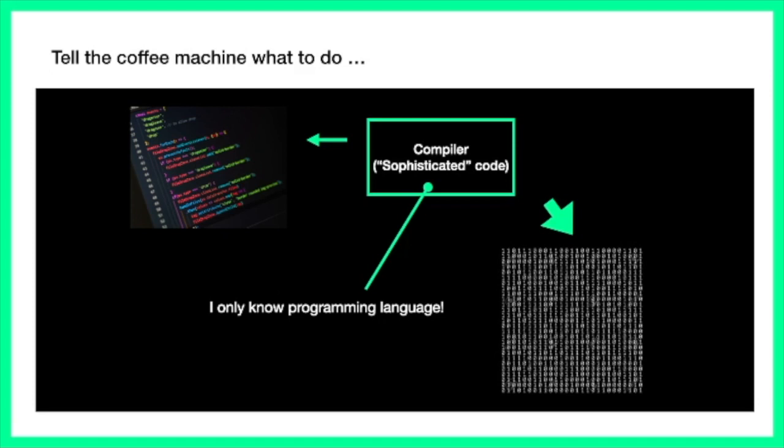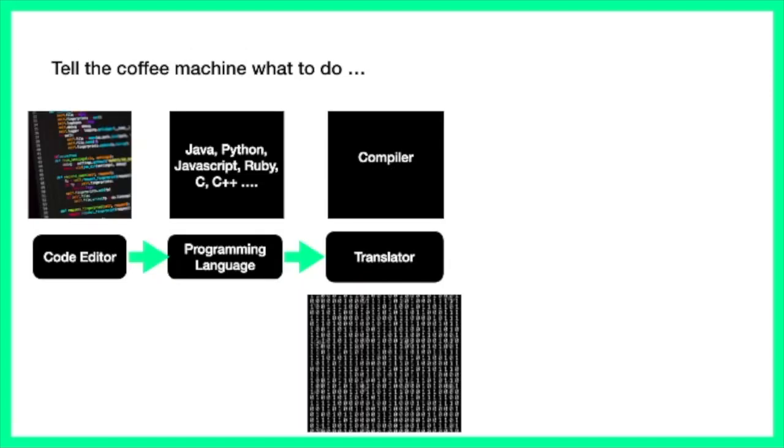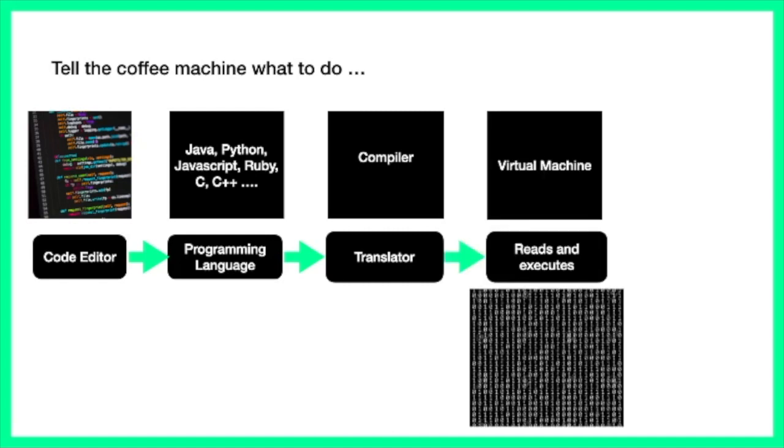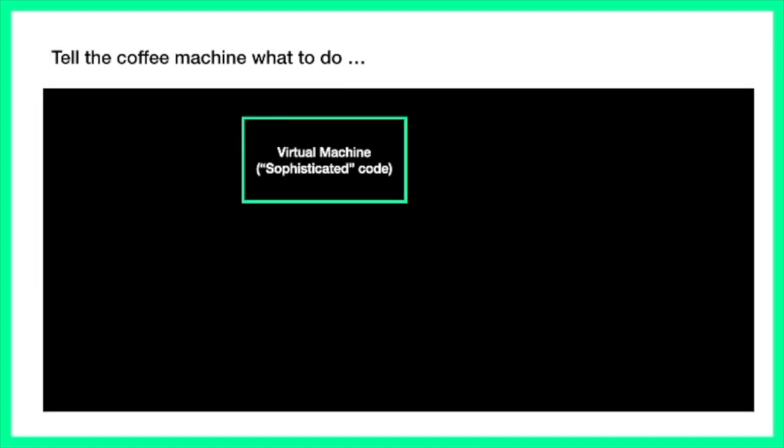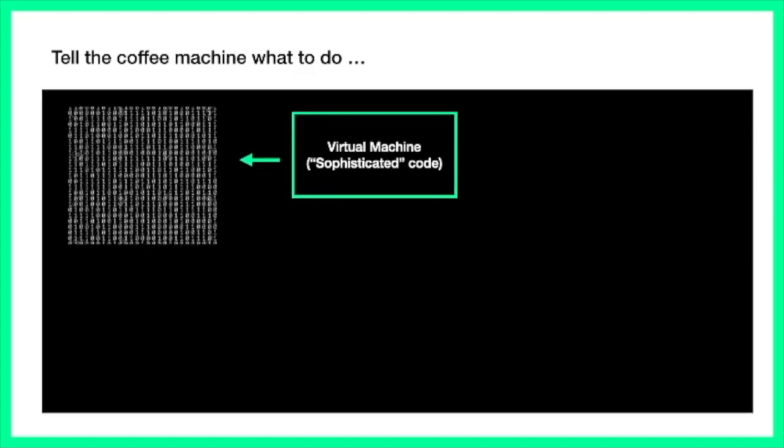After we get the binary code, we pass the binary code to the virtual machine, which is going to help us read and execute the code. The virtual machine is also a piece of code, and it is very sophisticated as well, just like the compilers, because it can read the binary code.